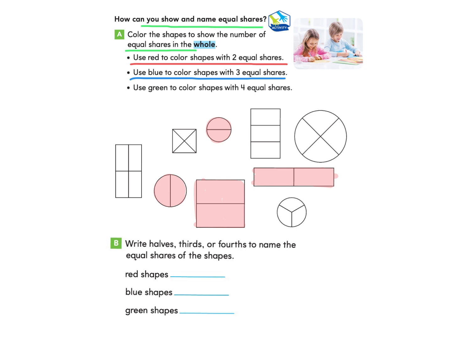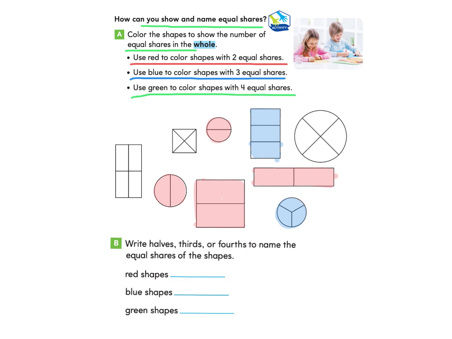Again, if you would like to pause and try this part on your own, you may do so. I found one circle that had 3 equal shares. I also see a rectangle that has 3 equal shares. I will color it blue as well. Okay, next part. It asks us to use green to color shapes with 4 equal parts.